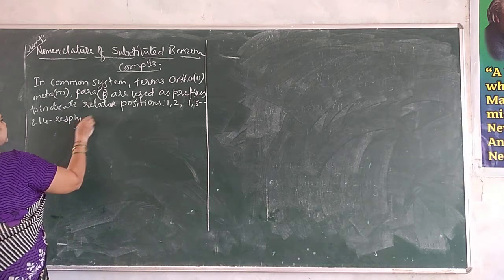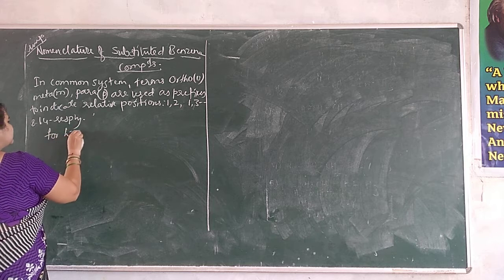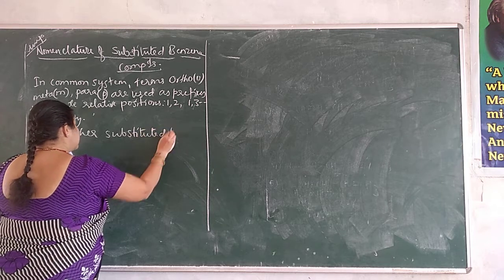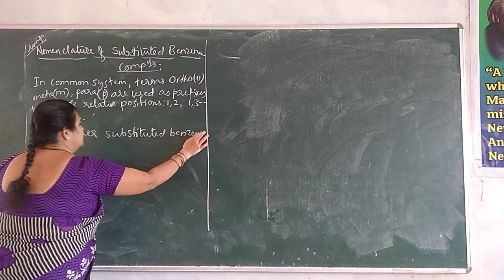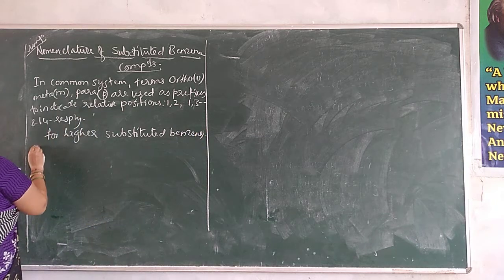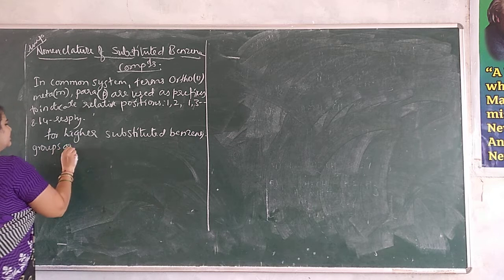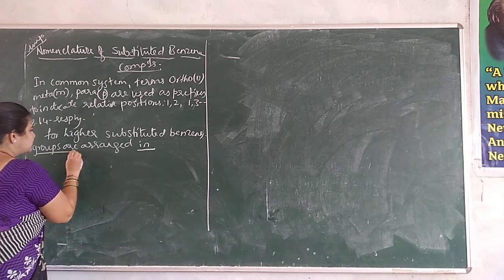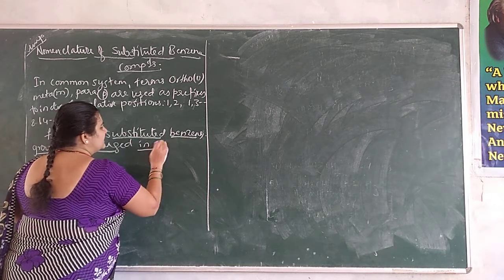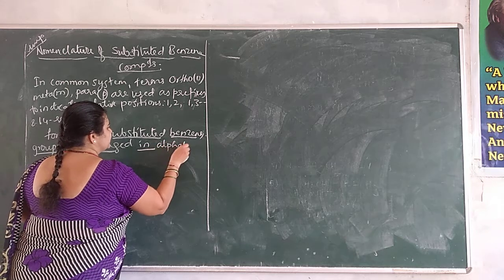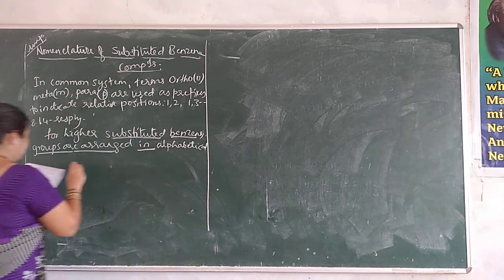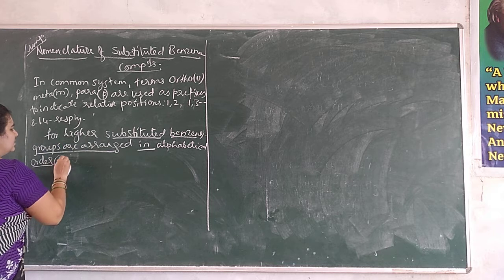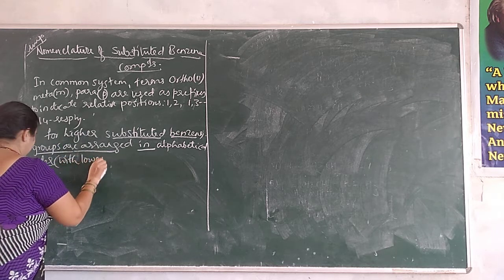Then for higher substituted benzene compounds, groups are arranged in alphabetical order with the lowest sum rule.